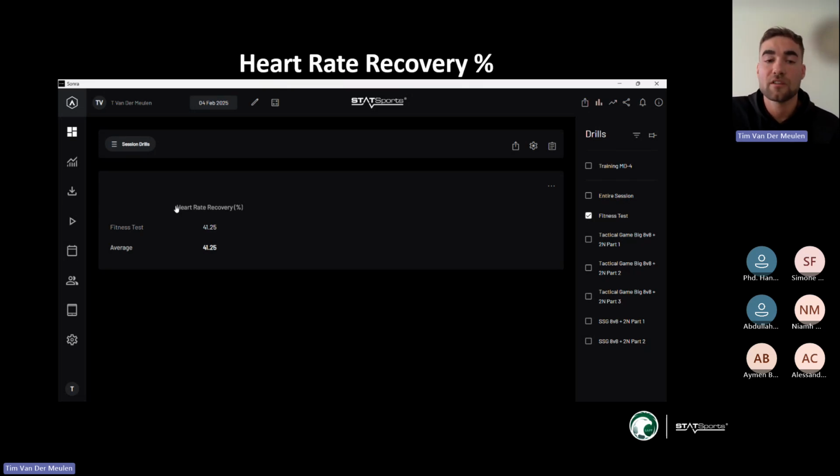So if a player is not able to decrease his heart rate within those different small-sided games, he might need to work on his anaerobic capacity. So again, a really nice metric in order to gain knowledge about the fitness status of one individual.